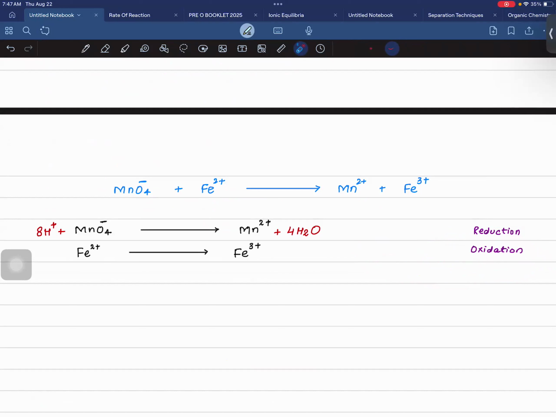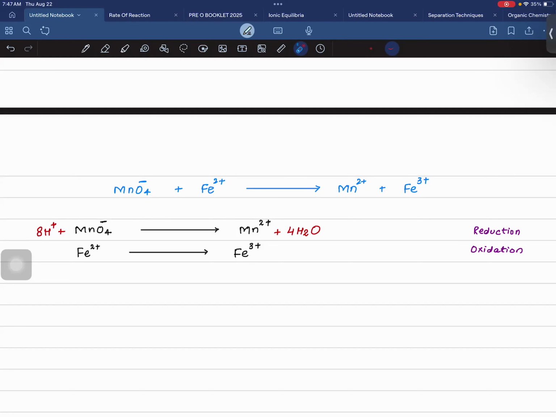Hadia Muzaffar, can you tell me what is the charge on the product overall? I'm asking the overall charge on the product side. Plus 3.